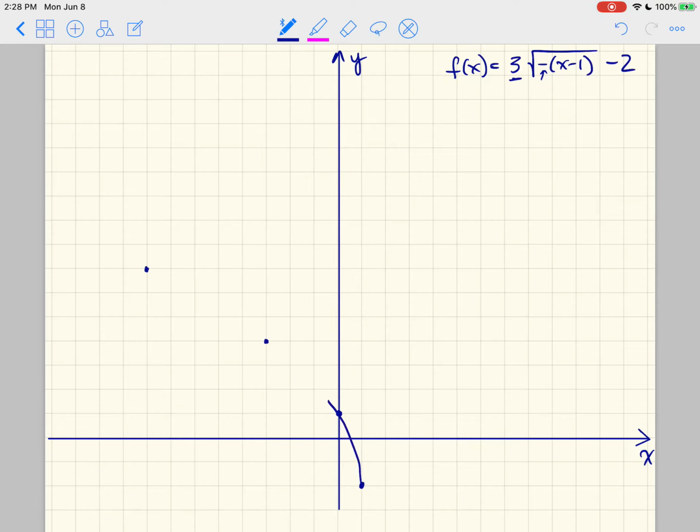And so this graph is being vertically stretched by a factor of 3. It's reflected in the x-axis. And it has the shape of a square root function. Okay, so there's my graph.